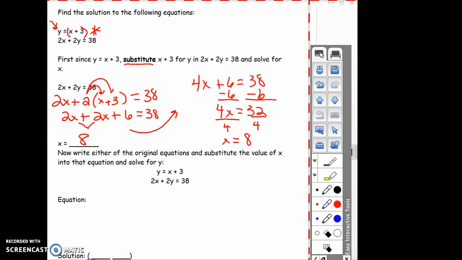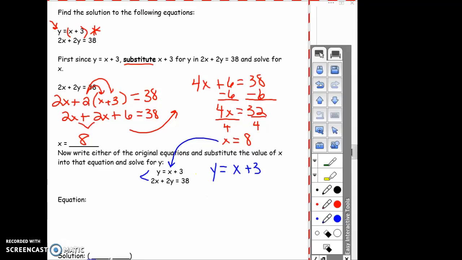Now, let's take a look at finding the y value. First thing I do is this. I know I have my x value of 8. I go ahead and look at my 2 equations. Here they are. Which one looks easier to work with? Well, hopefully you're saying the first one. The second one's got a lot of coefficients going on. The first one doesn't. So I'm going to choose the first equation to substitute x into it. So I have y equals x plus 3.